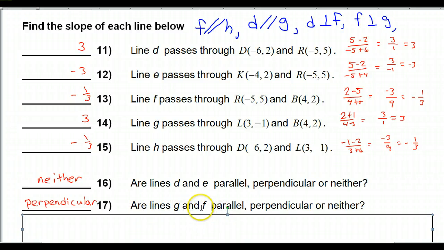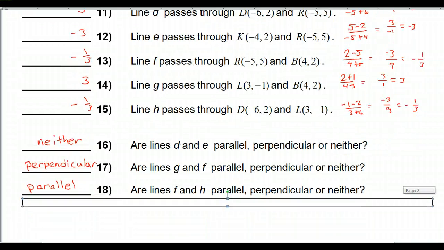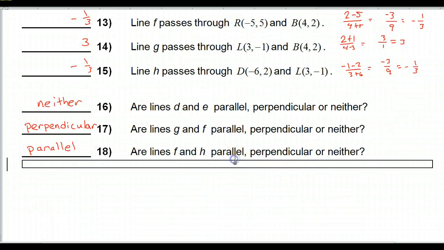G and F. They are opposite and reciprocal, so that's perpendicular. What about number 18? F and H. Of course, F and H are both exactly the same, -1/3 and -1/3. So F and H are parallel. And I think that's the end.